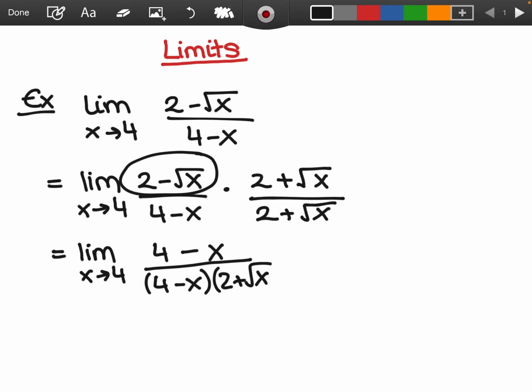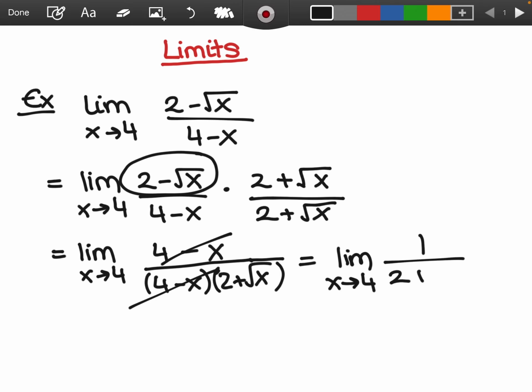Divided by, then I have 4 minus x, 2 plus the square root of x. I've got 2 4 minus x terms, they're going to cancel out, which just gives me 1 over 2 plus the square root of x.